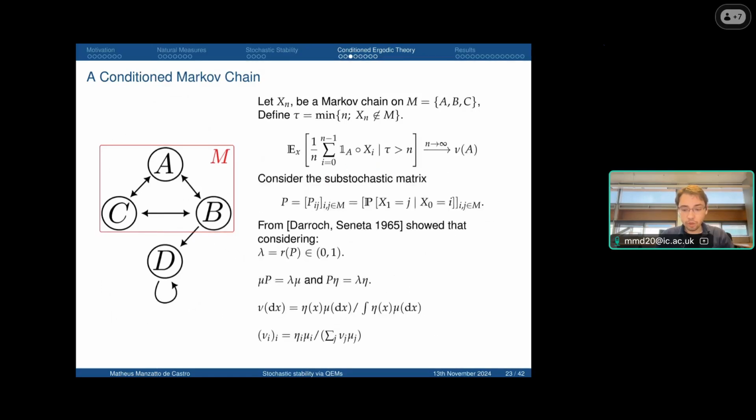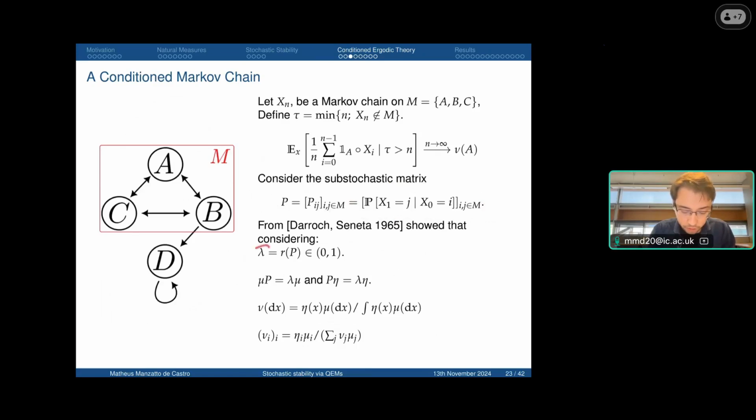This problem was solved by Darroch and Seneta, and what they showed is that if you consider the same transition kernels as before, now a 3 by 3 matrix with I and J, and I obtain a substochastic matrix exactly in the same way, I can still apply the Perron-Frobenius theorem to substochastic matrices.